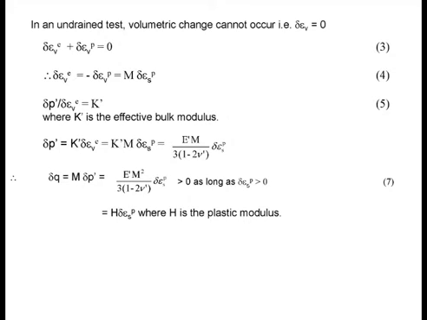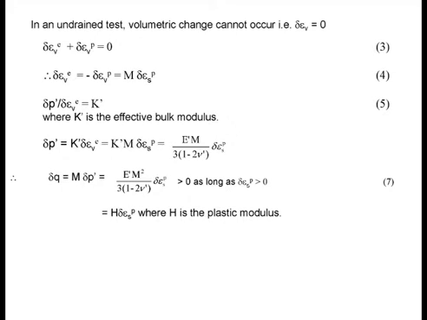What we have said is the total volumetric strain increment is 0. But there is plastic volumetric strain. You understand what I mean? There is plastic volumetric strain. So what does that mean? That means that the elastic volumetric strain increment must counterbalance the plastic volumetric strain increment, in the sense that the two added up has got to be 0.